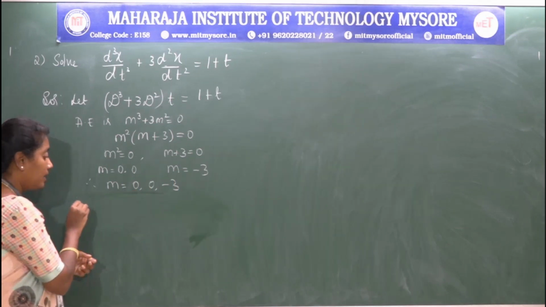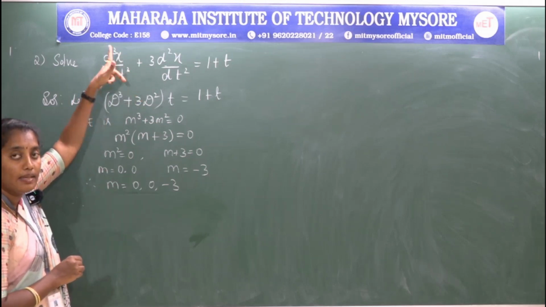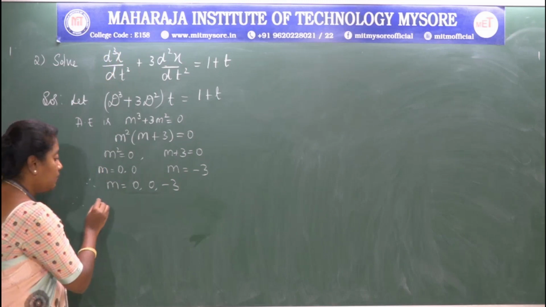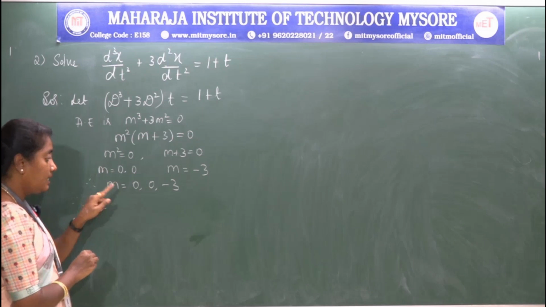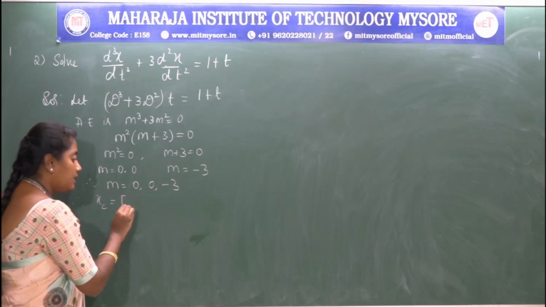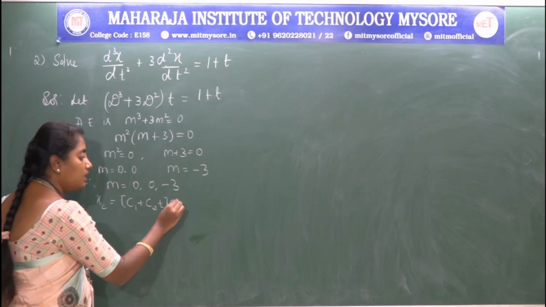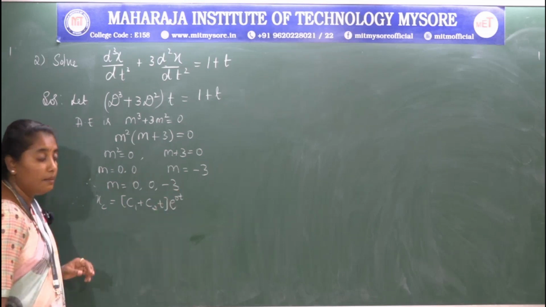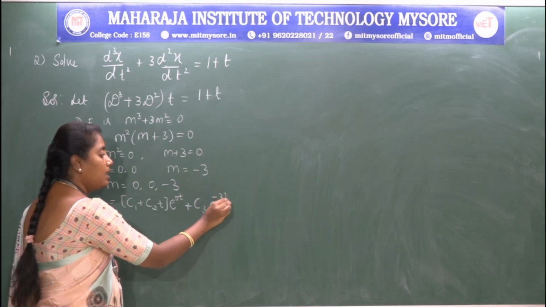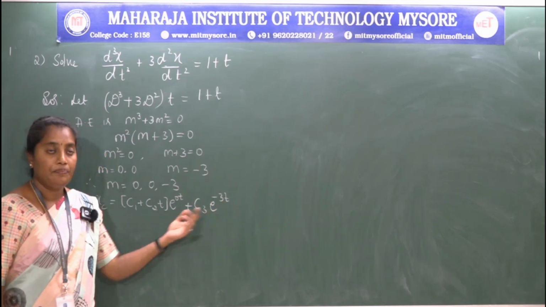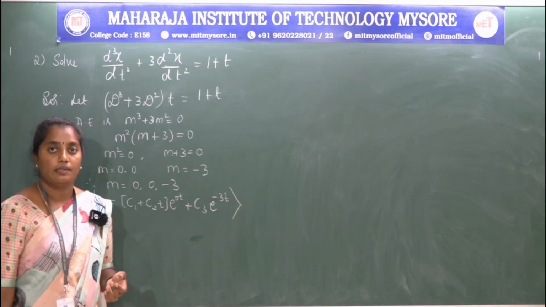Therefore, we have to write the solution as x in terms of t. The complementary function xc is equal to c1 plus c2t into e to the power of 0t plus c3 into e to the power of minus 3t. That is the last distinct root. This is the complementary function.